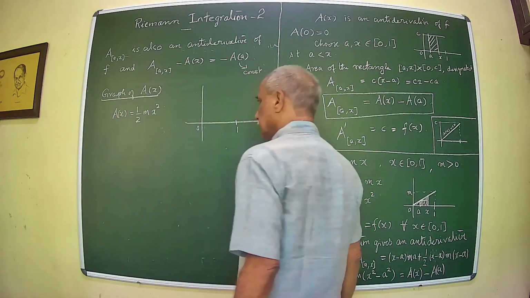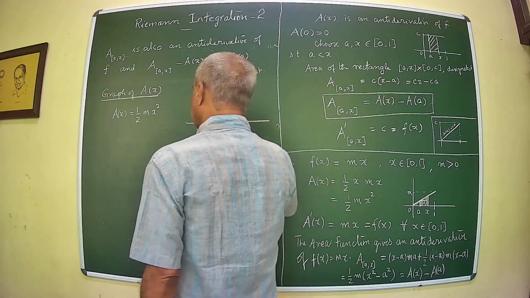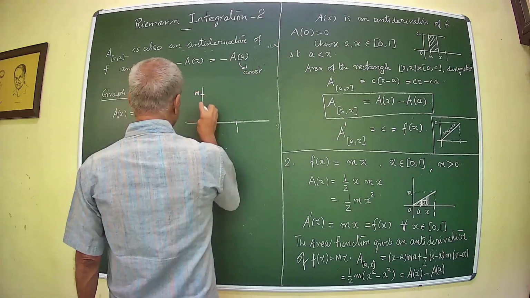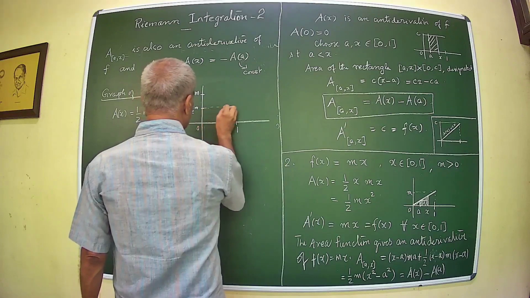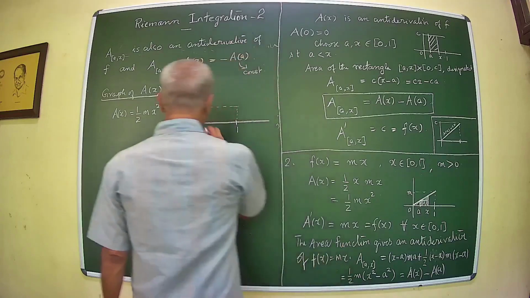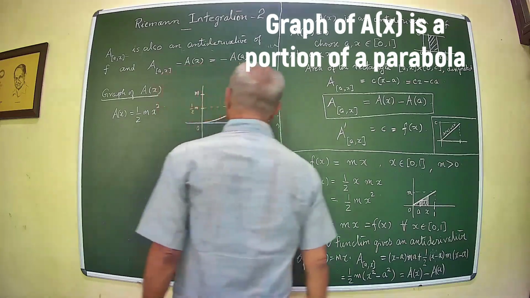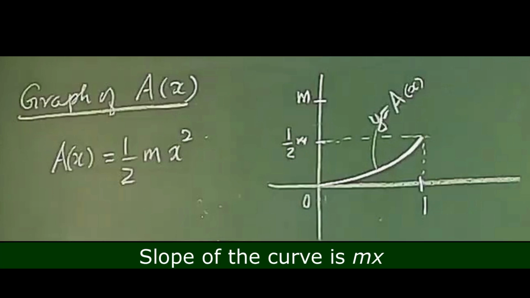So let us draw that. At 0 it is 0, and at 1 it gives m by 2. You see that it's a parabola. It's a portion of the parabola passing through these two points. If you work out the slope of that, you will get mx.